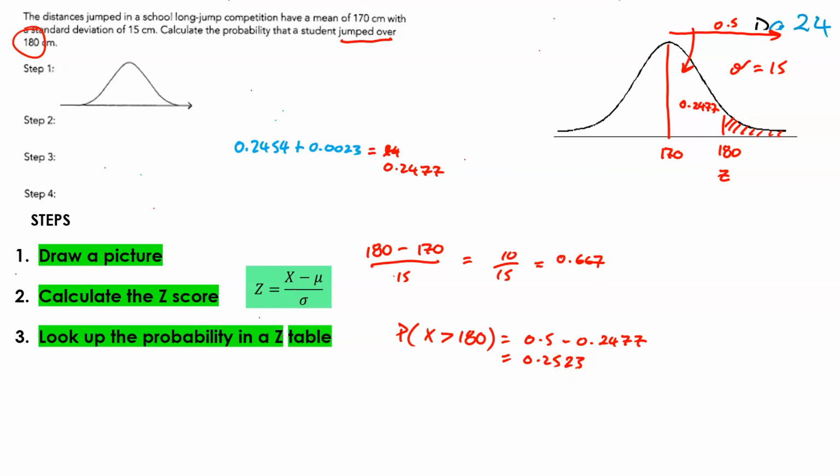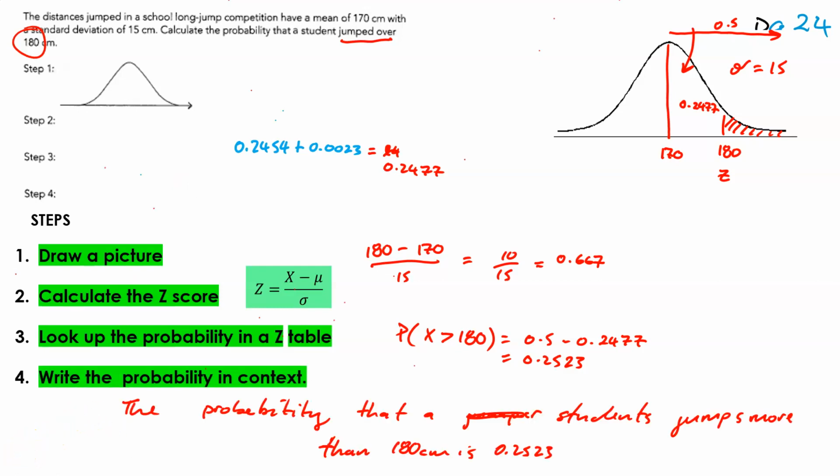So that's our probability of that red area. What we're left with now is writing the probability in context. The probability that a student jumps more than 180 centimetres is 0.2523.